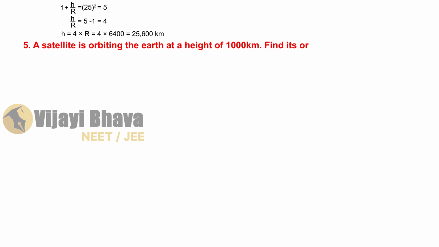A satellite is orbiting the earth at a height of 1000 kilometer. Find its orbital speed. The solution: the height at which the orbit is placed is 1000 kilometer. The radius of the earth, as we know, is taken as 6400 kilometer. Value of capital G is 6.67 into 10 power minus 11 Newton meter square per kg square, and mass of the earth is 6 into 10 power 24 kg.